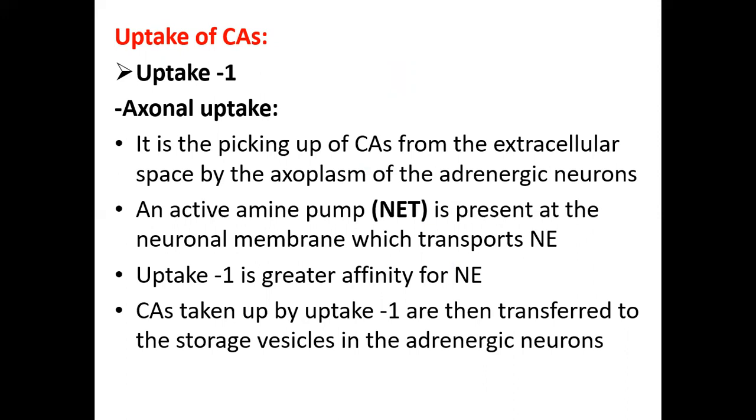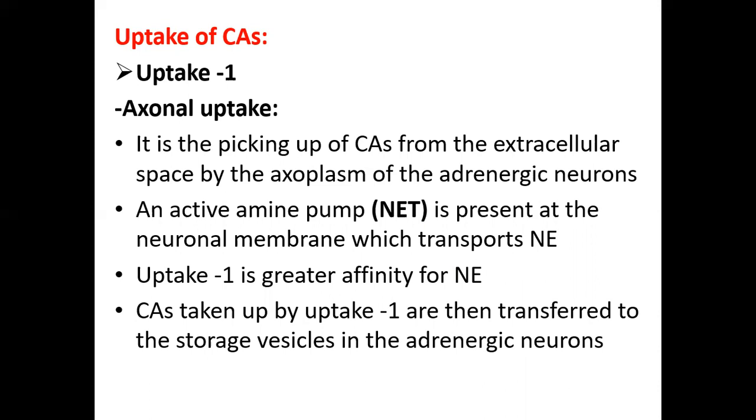So uptake of catecholamines is mainly by uptake 1 and uptake 2. There is picking up of catecholamines from the extracellular space by the axoplasm of the adrenergic neurons, and the active amine pump present in the neural membrane aids in the transport of norepinephrine.